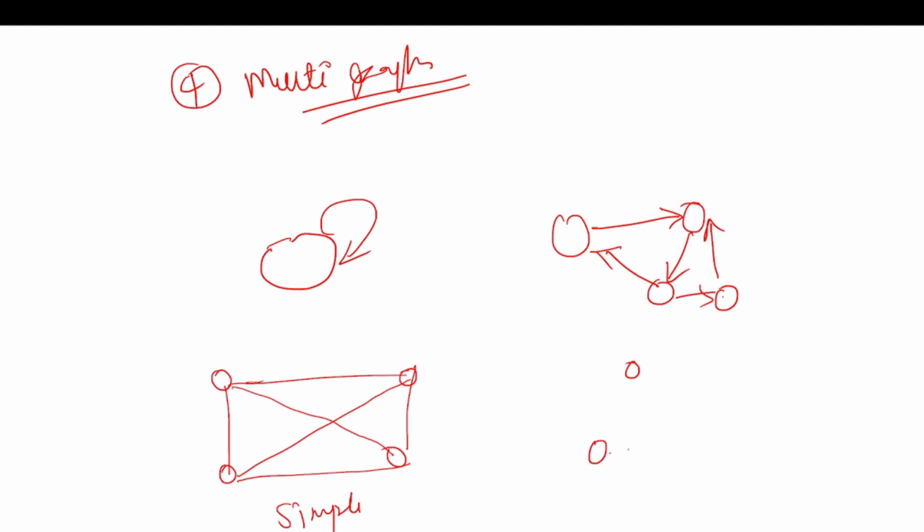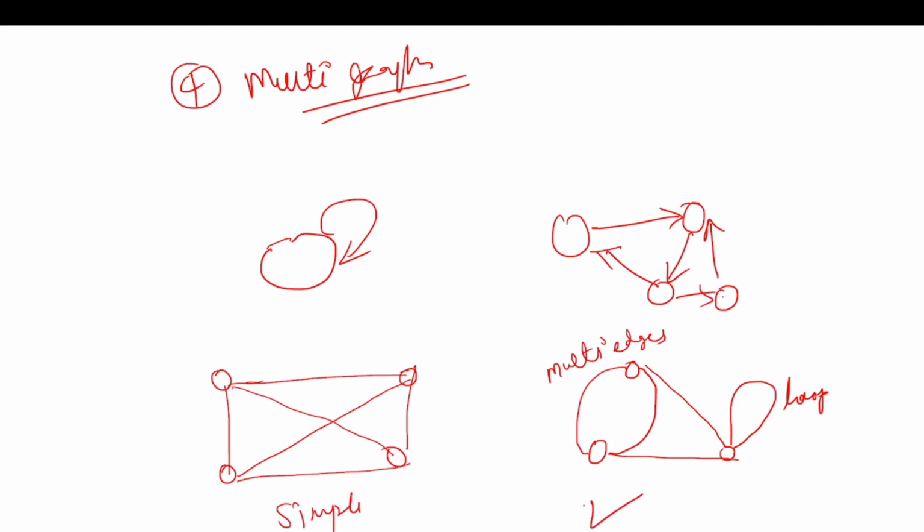One is connected like this, another is connected like this. Apart from that, suppose we have another one, also connected with this. And this node also connects to itself, meaning it is making a loop, and these are multi-edges, right? So this is not a simple graph. This becomes your multigraph.